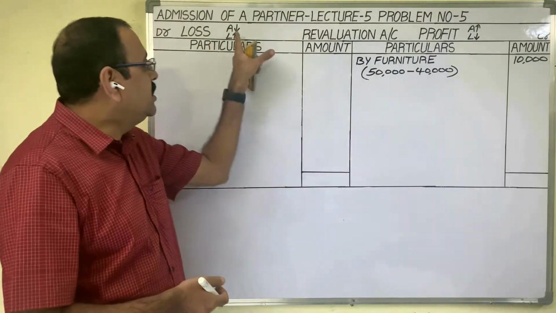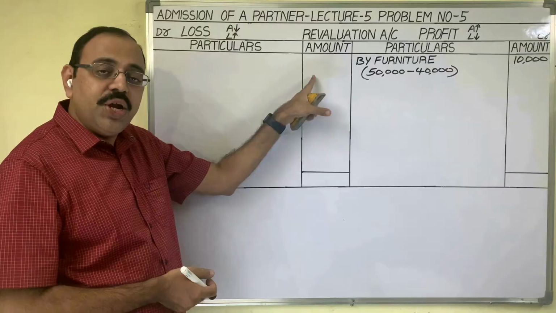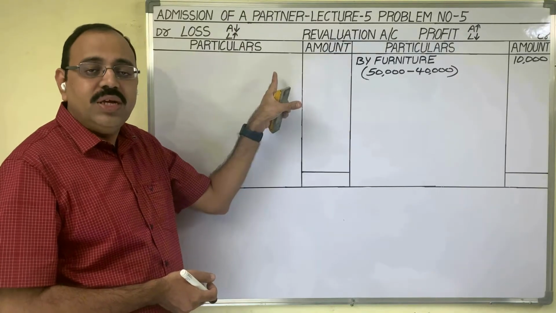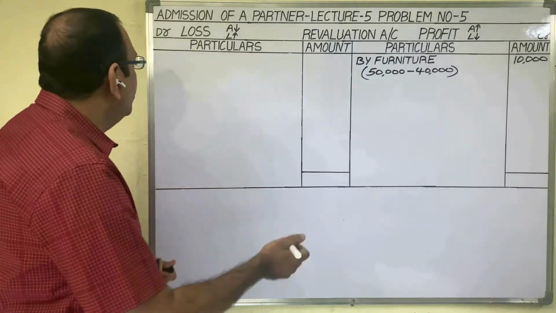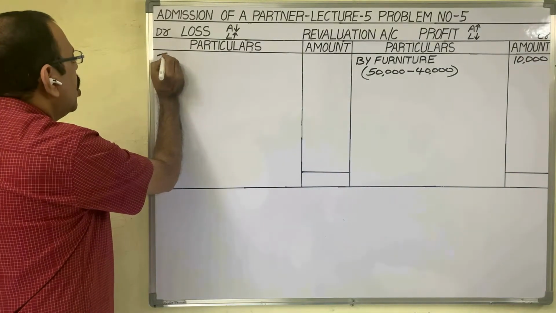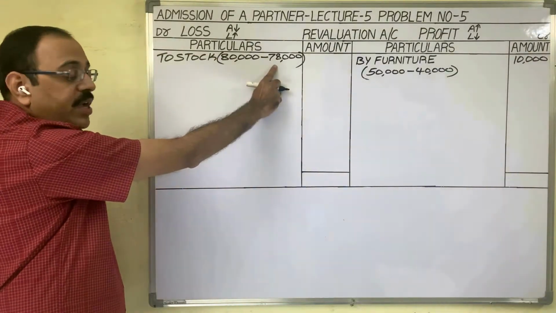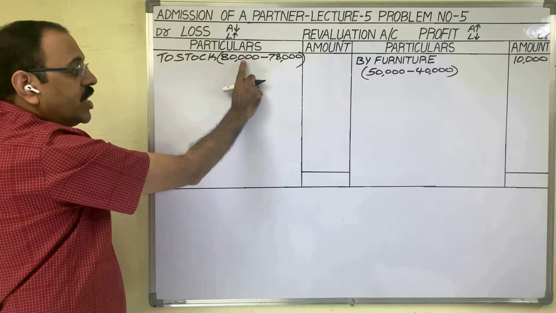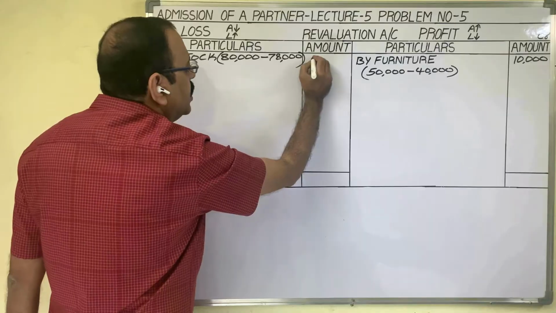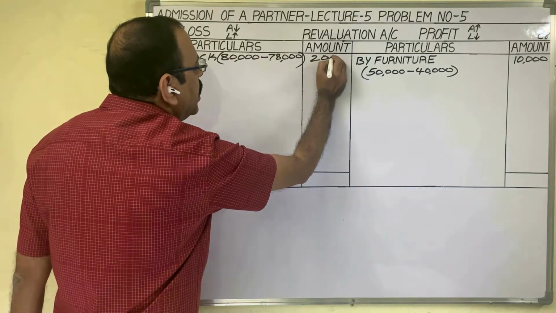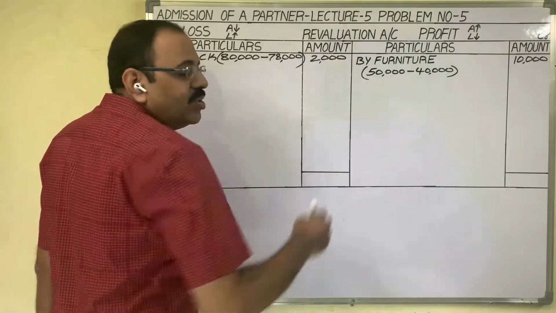Stock is an asset, and asset value is reduced. It is a loss. It should be debited to the revaluation account. So we should write to stock. Show the calculation in brackets: book value of stock is 80,000 but market value is 78,000. So the loss in revaluation of stock is 2,000 rupees.